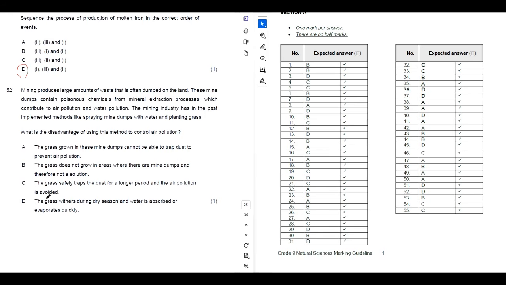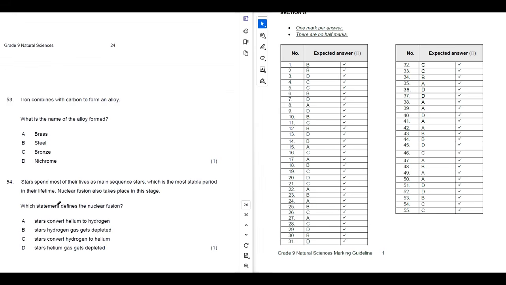We are also told that the mining industry has in the past implemented methods like spraying mine dumps with water and planting crop. So now the question says, what is the disadvantage of using this method to control air pollution? And our answer will be D, because the grass withers during dry season and water is absorbed or evaporates quickly. So our correct answer will be D.